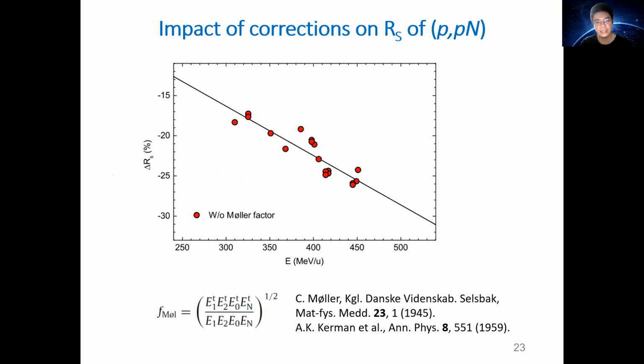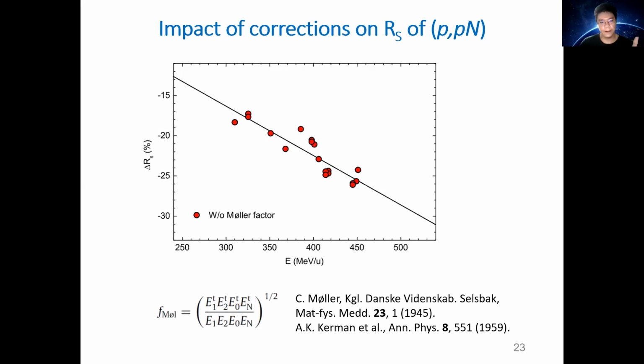First is the lack of Møller factors. Some of the models did not properly include the Møller factors. This factor exists because of the relativistic boost from the two-body nucleon-nucleon center of mass frame to the nucleon-nucleus center of mass frame.